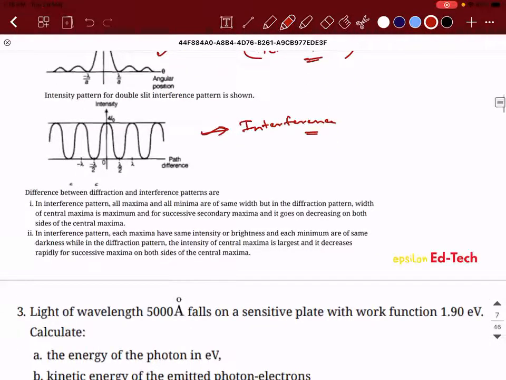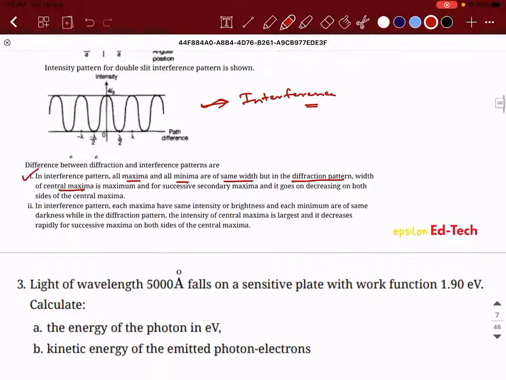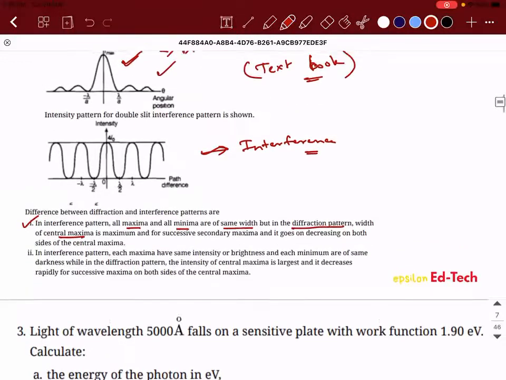In interference pattern, all maxima and minima are of the same width. But in diffraction pattern, the width of the central maxima is twice the width of the other maxima. That is one of the differences. The second is, in the case of double slit interference, each maxima will have the same intensity, that is brightness.